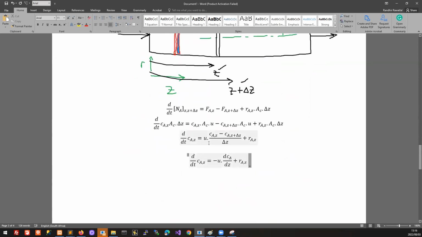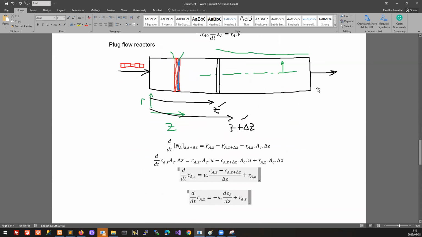But here you can steadily be reacting something. You can steadily be producing a product. So you can reach a good steady state here. You are constantly feeding A in. A is constantly reacting across the space and A is coming out. Excuse me. So you can reach steady state in this plug flow reactor.